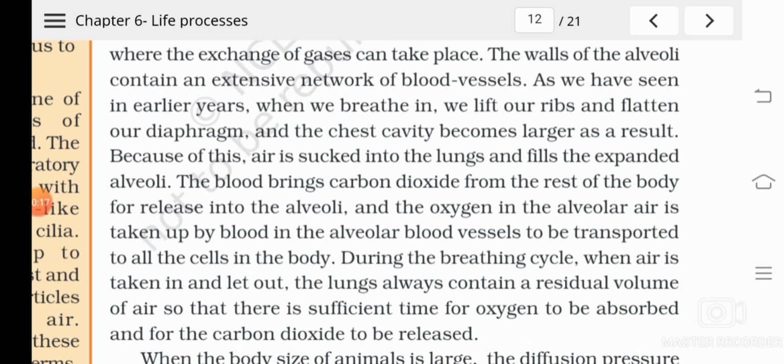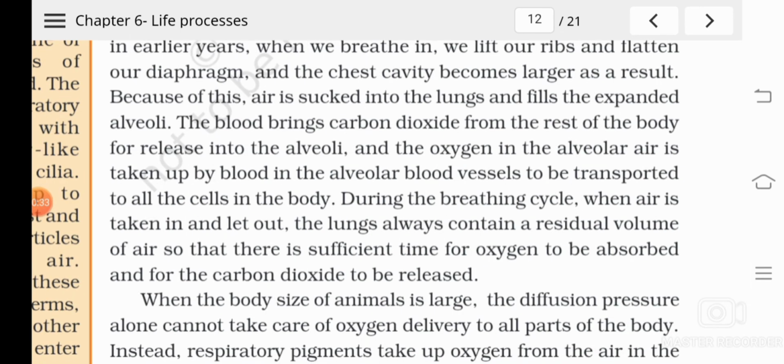There will be a residual volume, meaning a certain amount of air will be present in the lungs during the breathing cycle. When the air is taken in and when it is going out, the lungs will have a residual volume of air, so that there is sufficient time for the blood to absorb more oxygen, and give carbon dioxide to the air present in the alveoli.